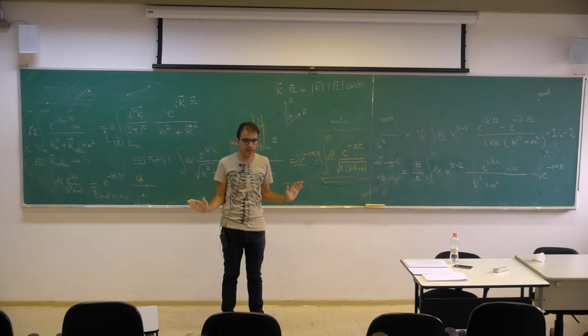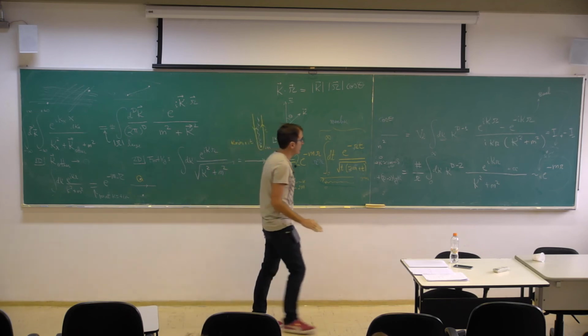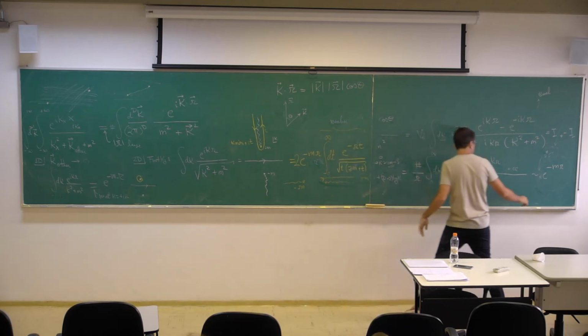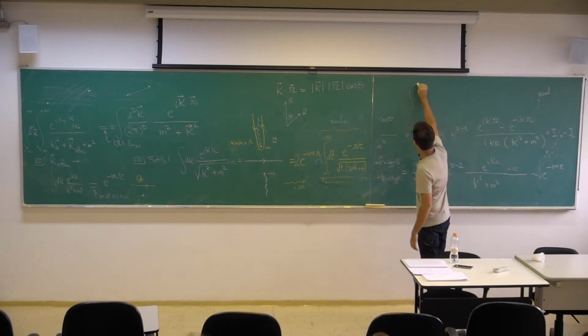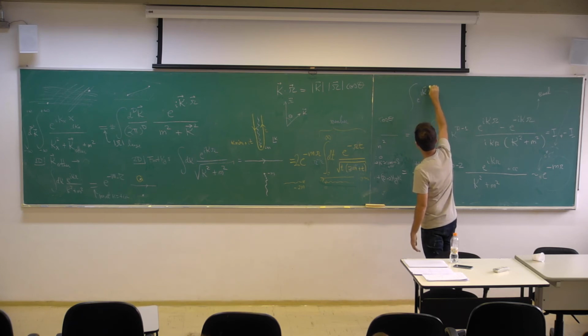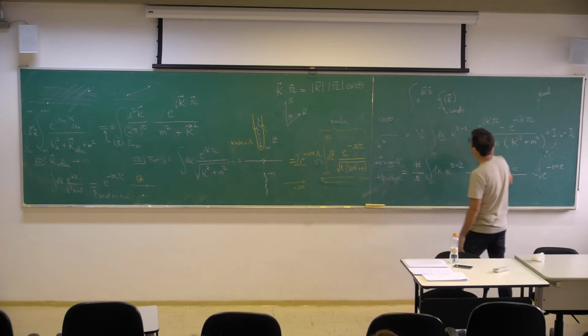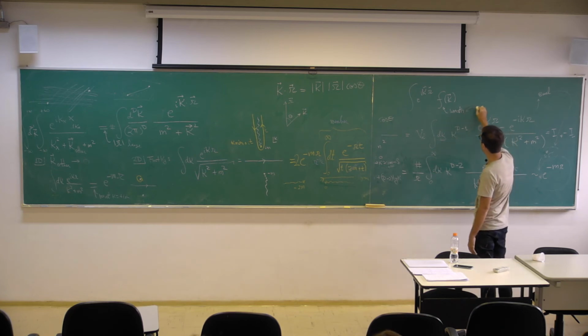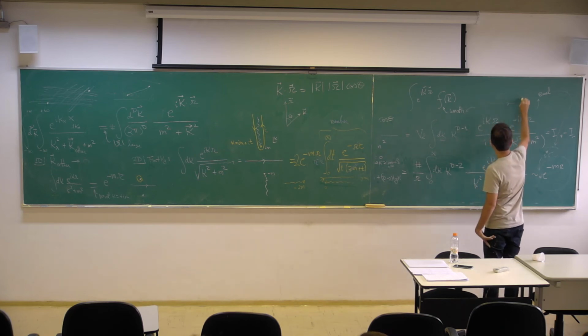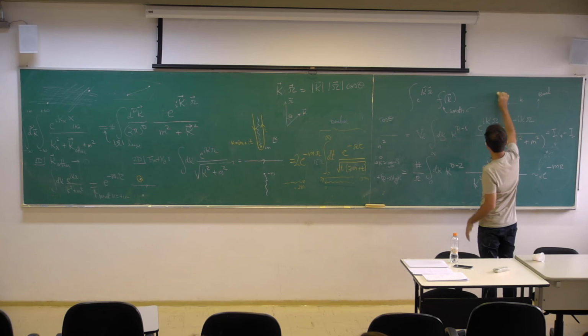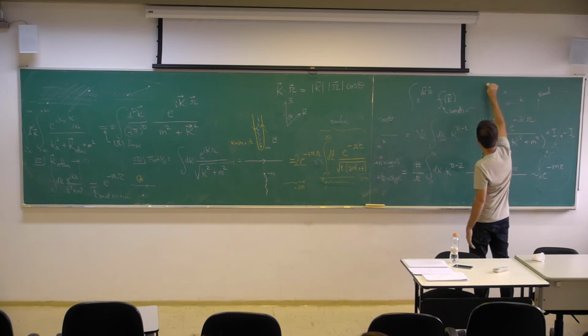Whenever you are integrating something that is smooth, if I have an integral of e to the i kr times some smooth Fourier transform, and by smooth I mean that I integrate over k, and there are no singularities on the real line, but there are some singularities here.